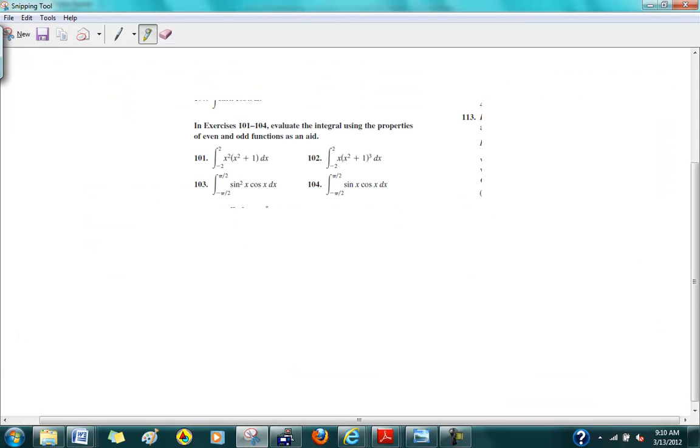So I'm doing number 103. To begin with, can you guys tell me what do you think sine squared x cosine x is? Is it even or odd?